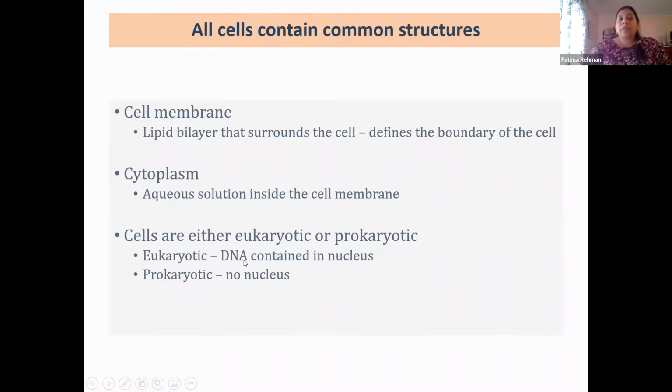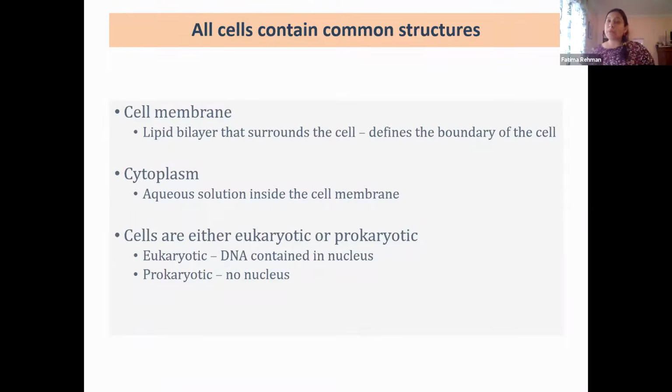Okay, so there are some things that are going to be common in all cells, regardless of whether they are prokaryotes or eukaryotes. And those things are going to be your cell membranes, which are the lipid bilayers that are surrounding the cells, and they are going to be essentially the boundary, right? That's not a wall, but a boundary around the cell telling this is the cell.